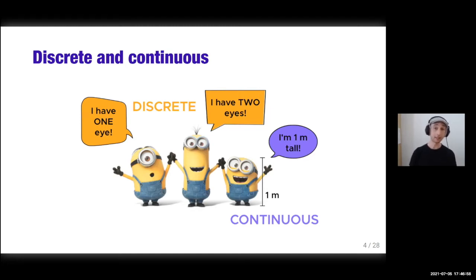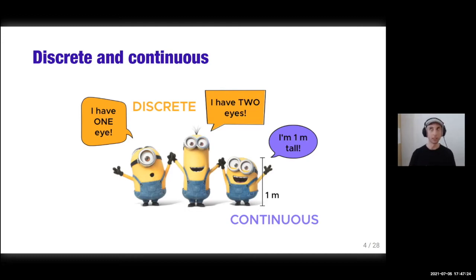On the other hand, in continuous probability distributions, as the name definitely tells, you can have any value between any two values. In this case, the third minion is telling us that they're 1 meter tall. But 1 meter is an approximation. We don't really know whether it's exactly 1 meter.